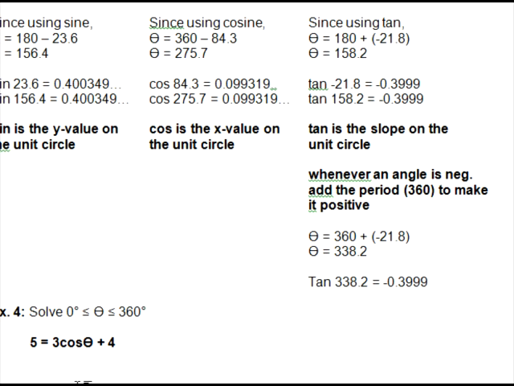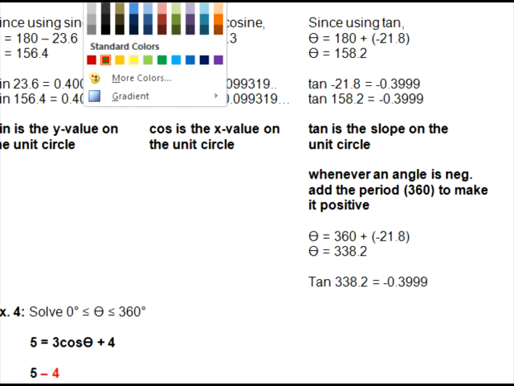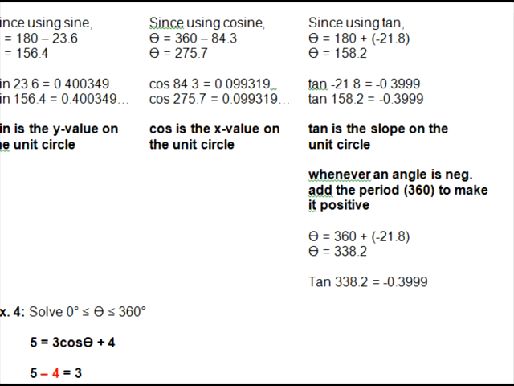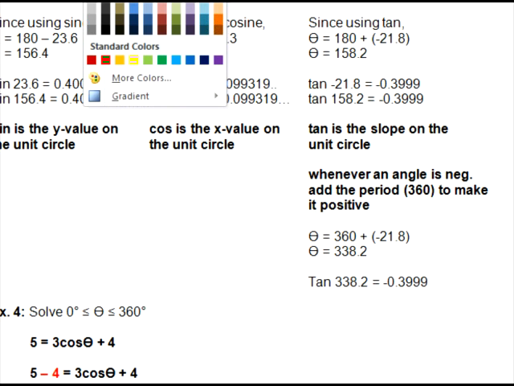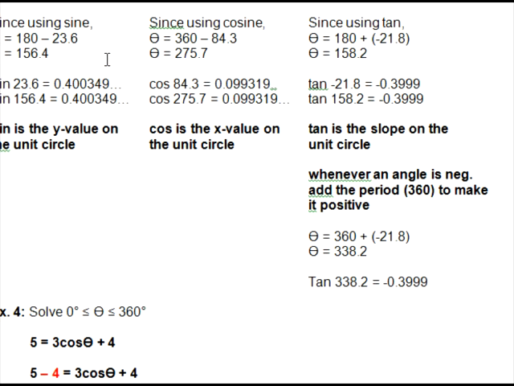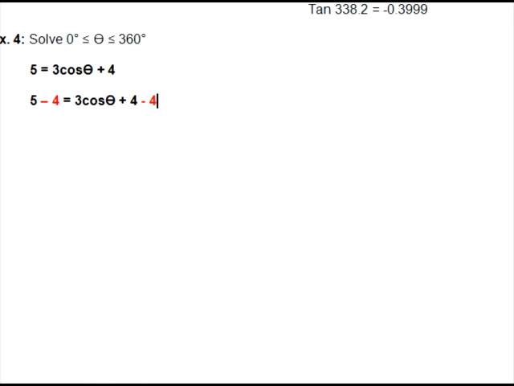So you do 5 minus 4 equals 3 cos theta plus 4 minus 4. I'll scroll down a little bit so those at the back can see.